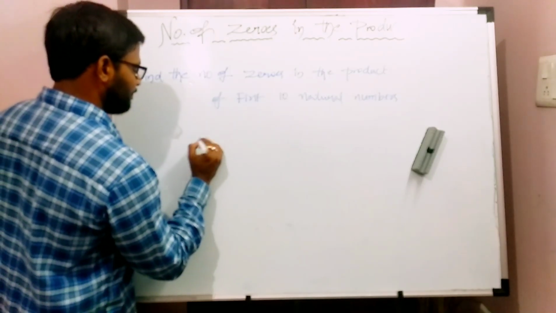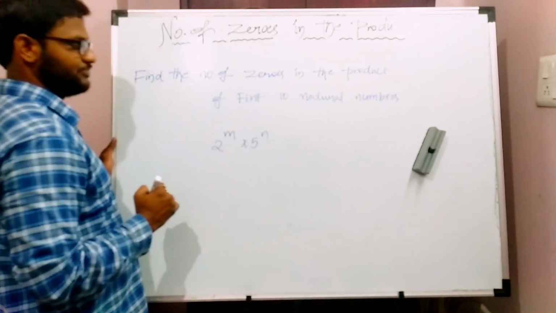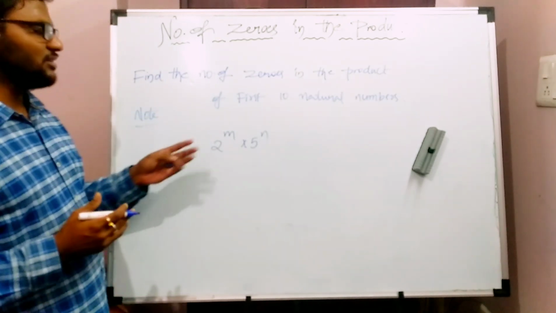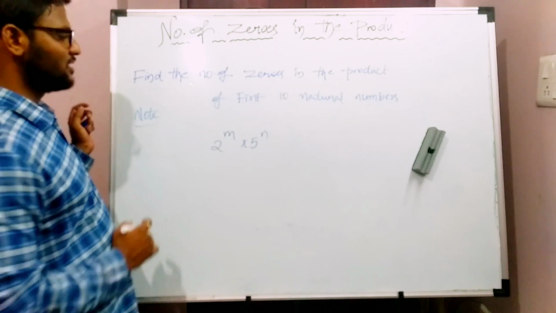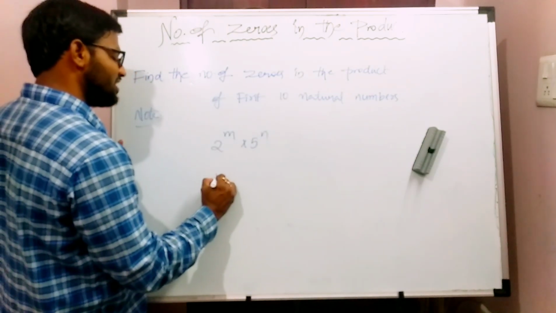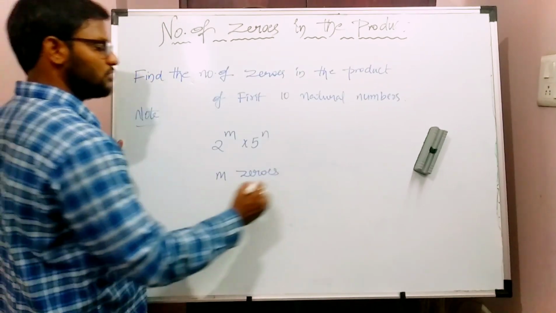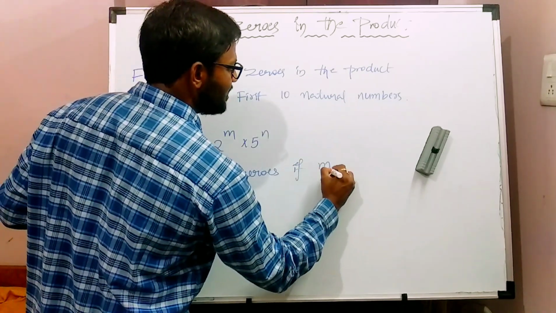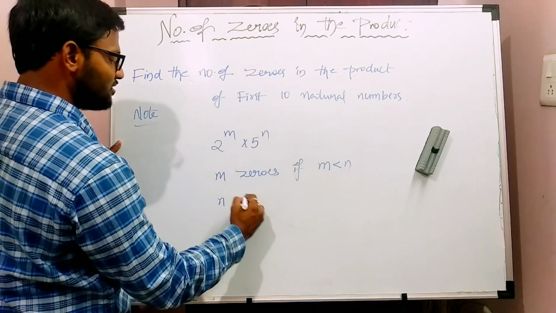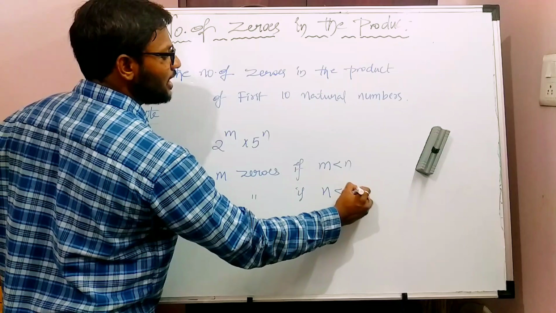See, if the prime factorization has 2 power m into 5 power n, then this product ends with m zeros if m is less than n, and this product ends with n zeros if n is less than m.